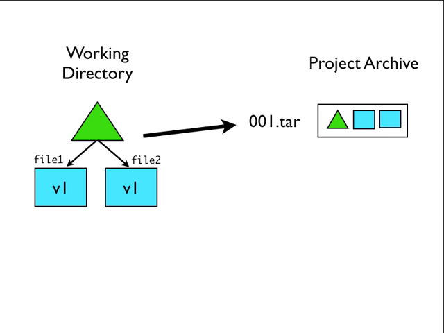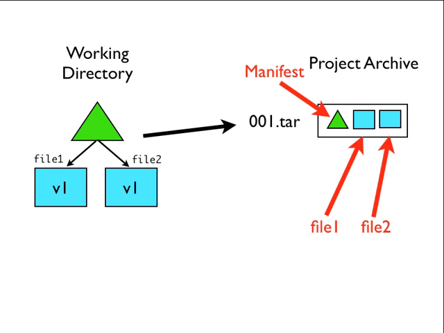We'll use tar as an example here. Now, inside this single file is a manifest that lists all the files that are inside this single tar file, and then also has the data for all the individual files. Using the manifest, we can track what files are inside that particular tar file.